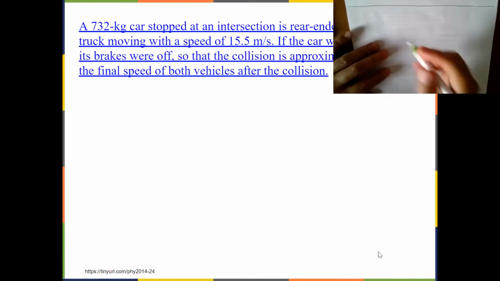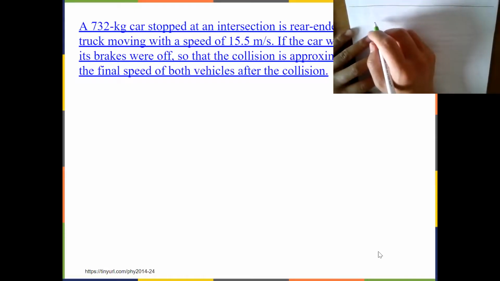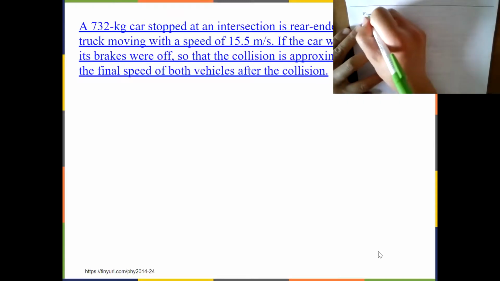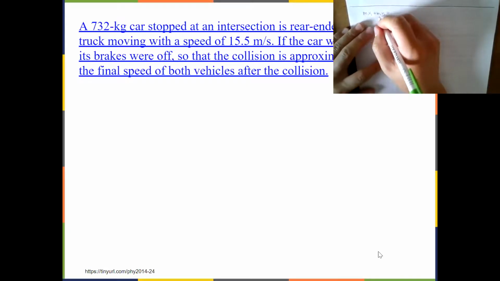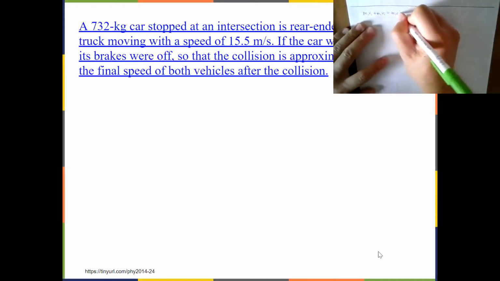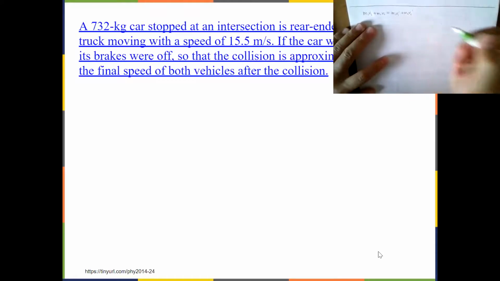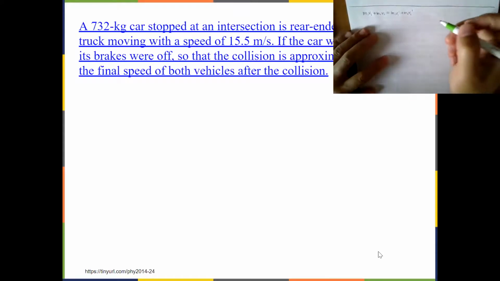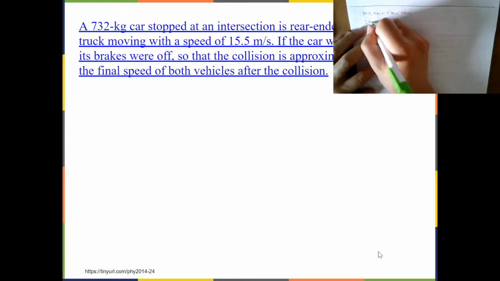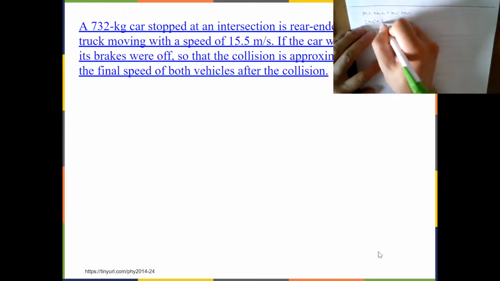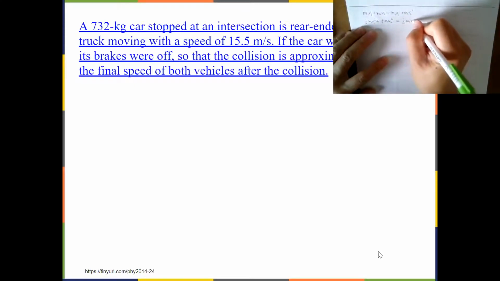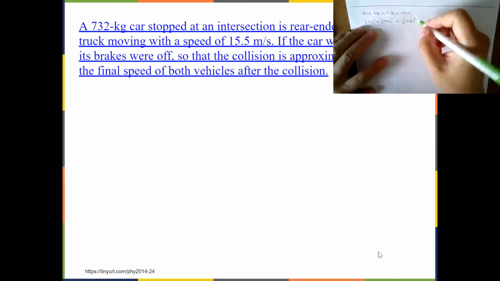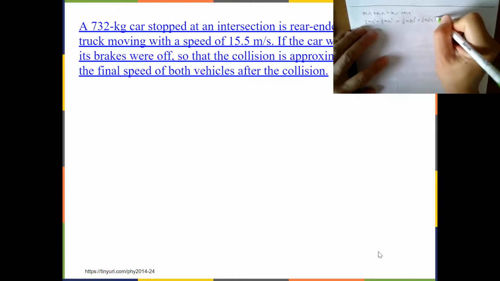As I mentioned, we can write the two equations. Conservation of momentum: m1 v1 plus m2 v2 equals, this is the initial momentum, m1 v1 prime plus m2 v2 prime. And the second equation is 1/2 m1 v1 squared plus 1/2 m2 v2 squared equals 1/2 m1 v1 prime squared plus 1/2 m2 v2 prime squared.